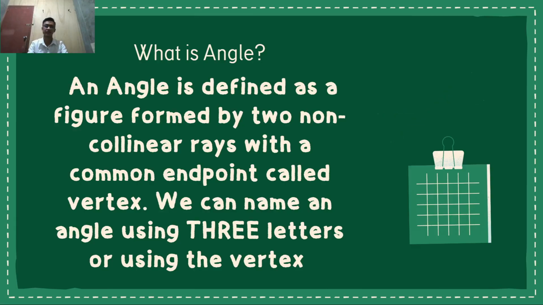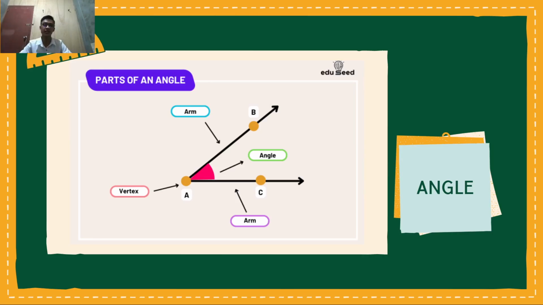On the next slide, we can see here the parts of an angle. As you notice, we have an arm, a vertex, and another arm, and inside of that we have the angle. So these are the parts of an angle.